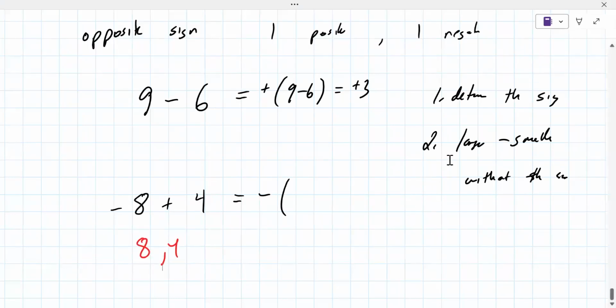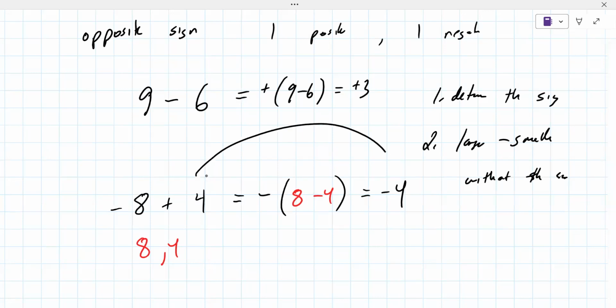You take the larger, which is larger, 8 or 4? 8, and you subtract the 4. What does that become? 4, with the negative.